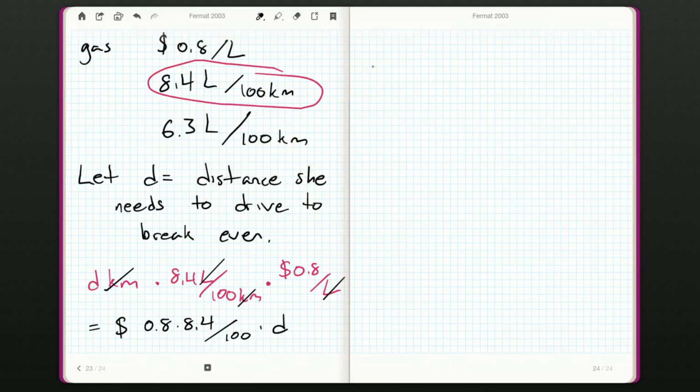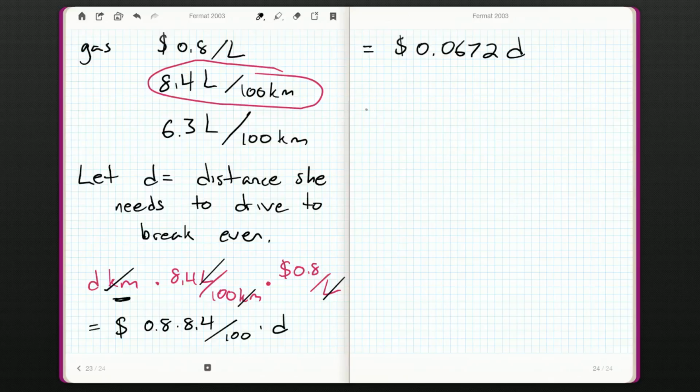So we're looking at 0.0672 D. Okay. Where D is a number, not a number with kilometers, because we have kilometers and it's already been canceled out over here. So that's how much it would have cost to drive distance D kilometers if she hadn't modified her engine.